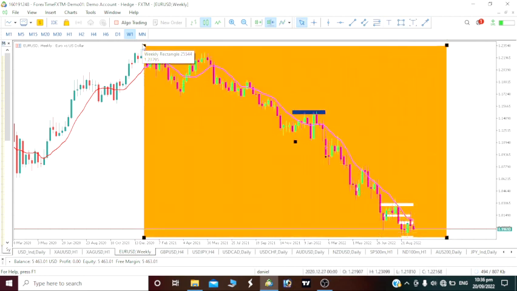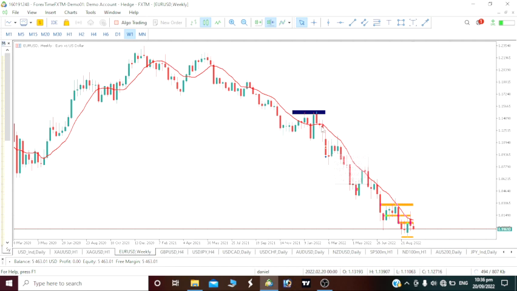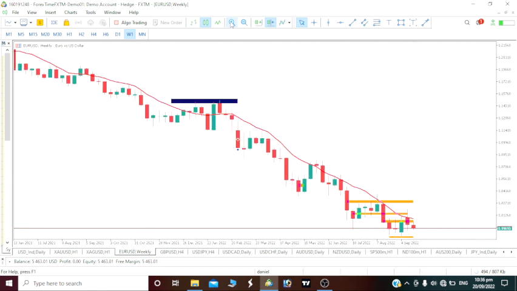Price is dropping rapidly, coupled with the fact that price is now below the 10 period moving average. All we can see here is a bearish move, and price is below the 10 period moving average. That is to say there's only one thing we should be looking for, which is to short this trade. We should look for a way to short this trade. Now that is it on the weekly time frame.